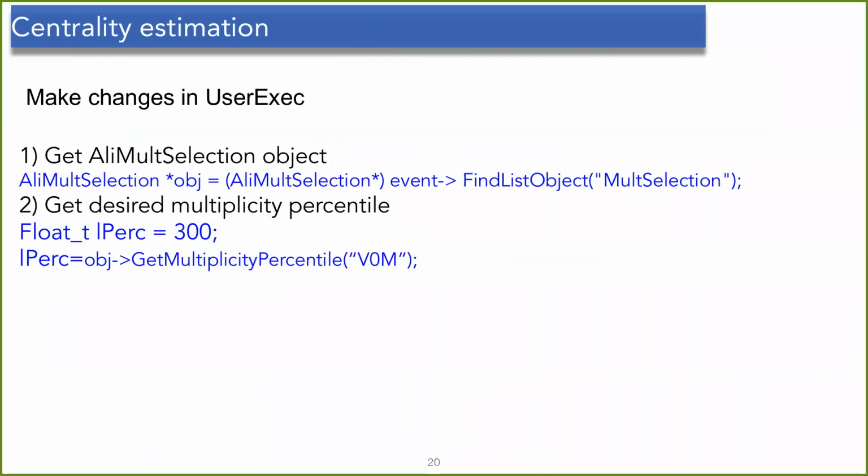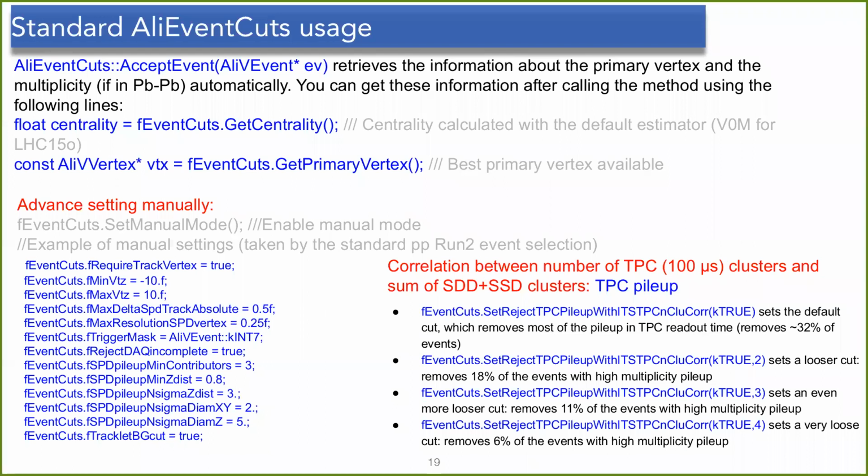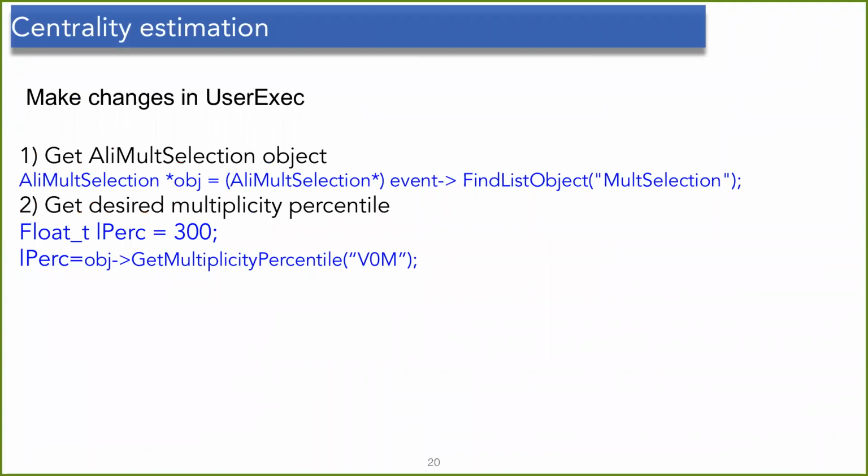So these are all the ways you can implement the event selection over the vertex Z, some basic physics selection cuts, and the pileup rejection cuts. Now I will go to the last topic, which is the centrality estimation. How can we do the centrality estimation?